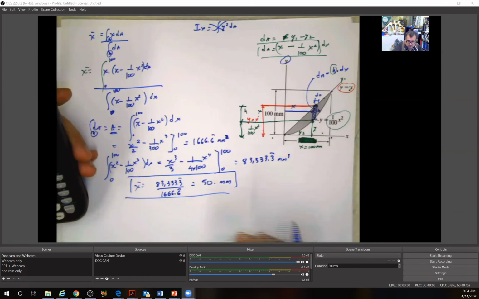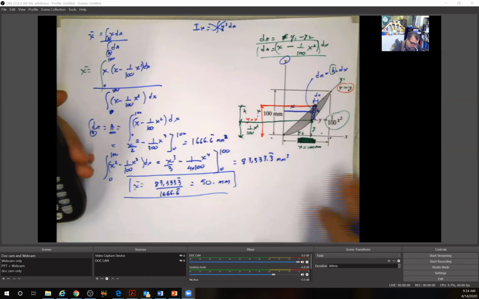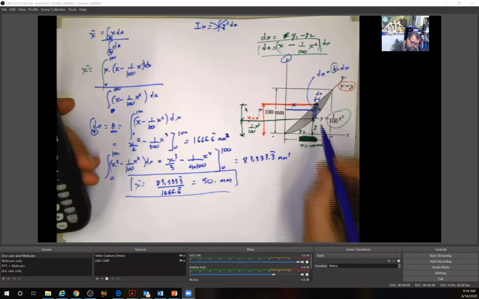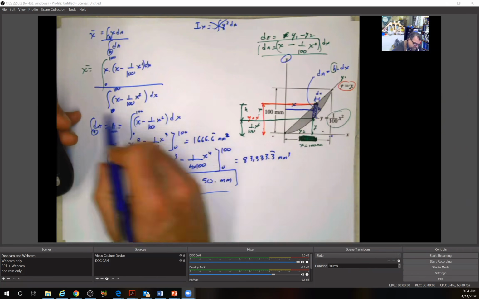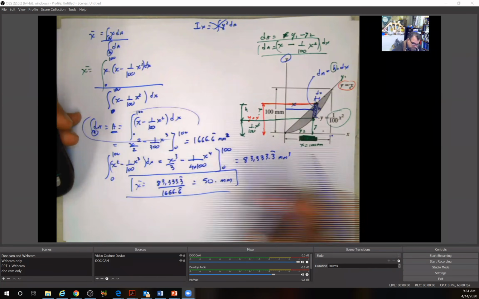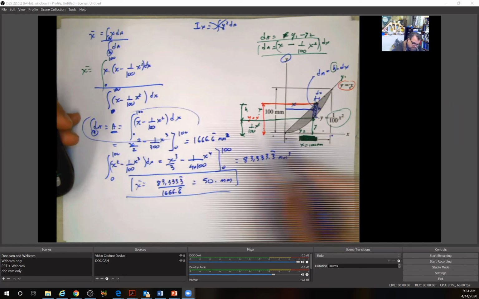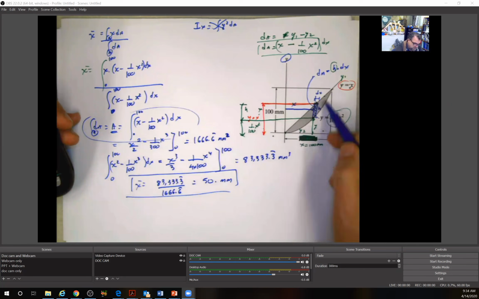Remember guys, this is an online class that we're having. So what I was doing here is just regarding the area. As you can see, this is a parabola here. But it's not just a parabola, it's a triangle and a parabola.